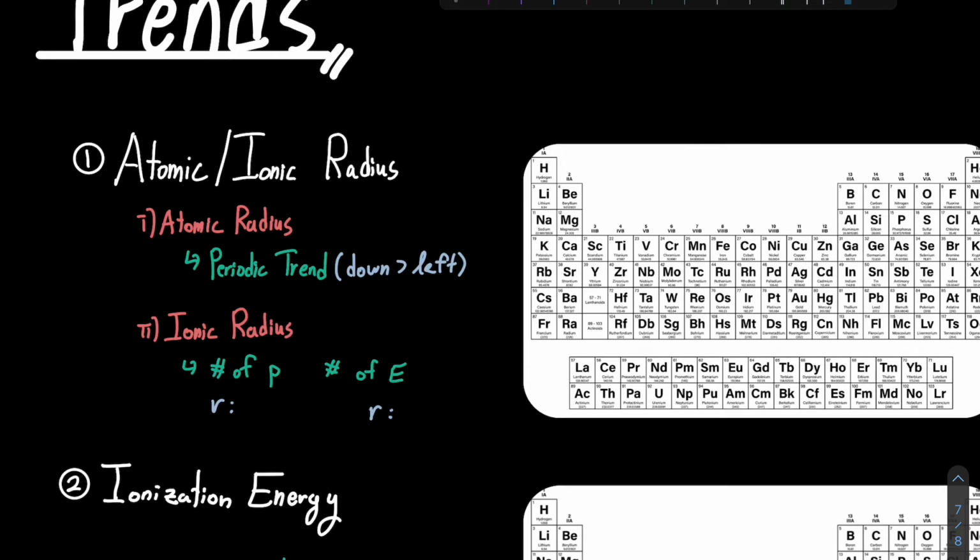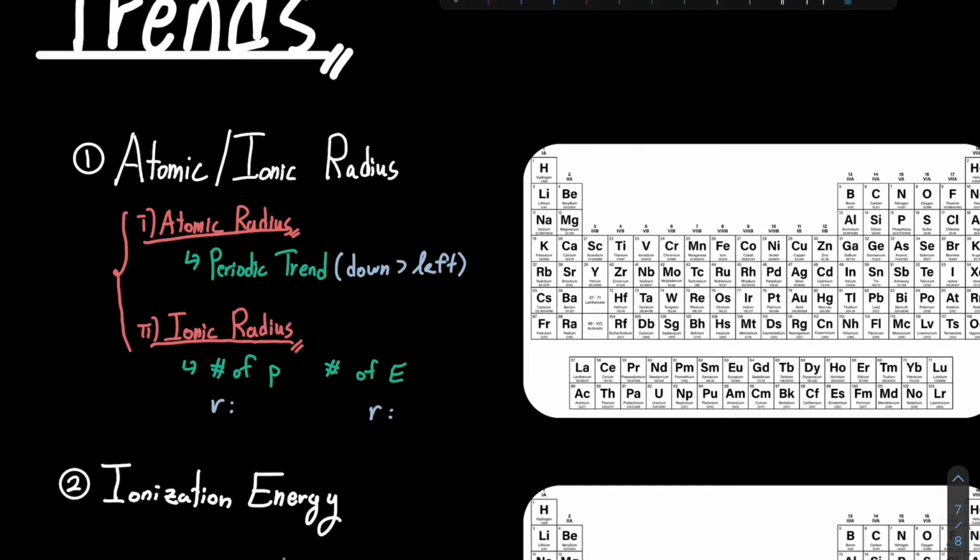There are two main types of radiuses that we must consider: first of all, atomic radius, and second of all, ionic radius. The difference is that the atomic radius is measuring the radius of a neutral atom, and the ionic radius is the measurement of a radius of an ion.